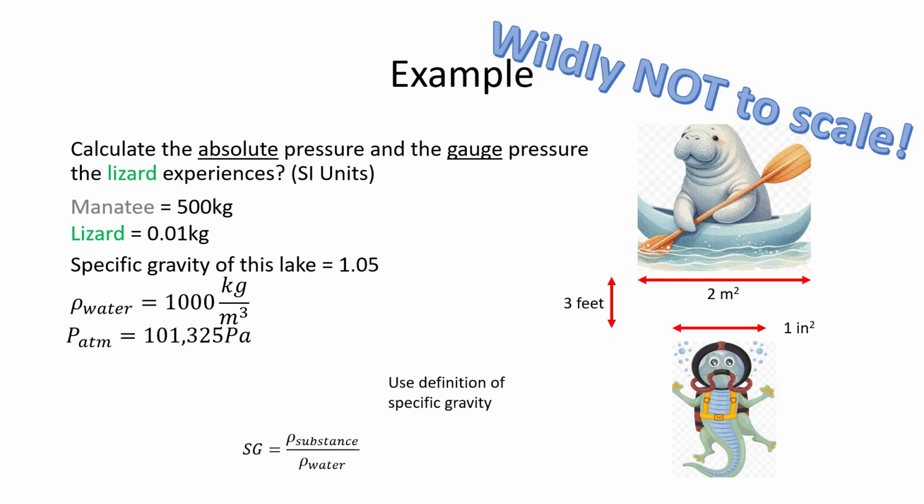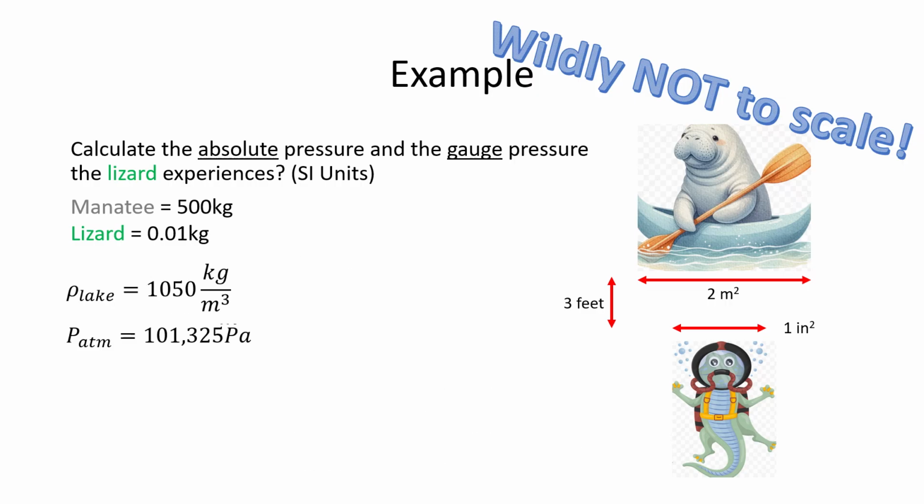Kilograms and meters cubed are both in SI. So knowing the SG is 1.05, unitless, and knowing the rho of water is 1,000, I can put them in. Then I can solve for rho of lake. Rho of lake would be 1050 kilograms per meters cubed. So I can replace that now with 1050 kilograms per meters cubed.